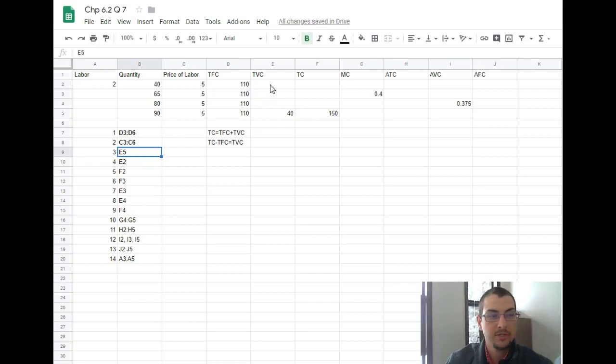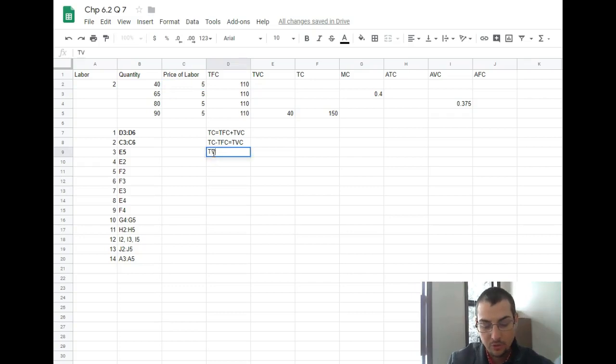Next, I'm going to try and tackle this E2 up here. Sorry, let me back up. We're not going to use that marginal cost just yet, but we're going to calculate this total variable cost. We are given the amount of labor and the price of labor.